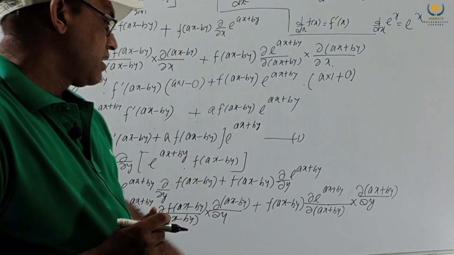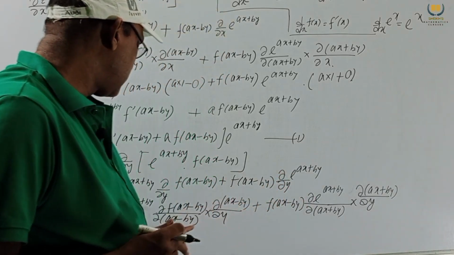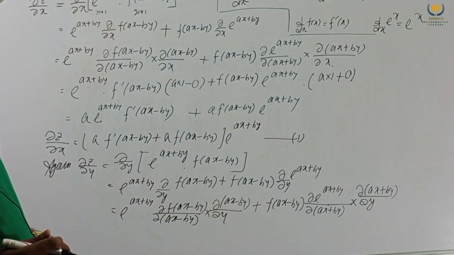Just using chain rule, this cancels, ultimately we get this one, and this cancels, ultimately we get this. Using chain rule we get this.